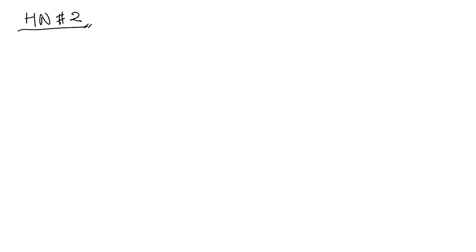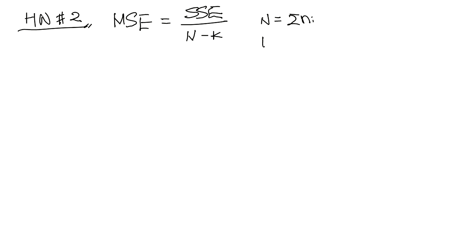In homework number 2, I asked you to take the MSE, which was the SSE over the degree of freedom, and the degree of freedom was big N minus K. The big N was the total number of cases, and K was the number of groups, and SSE, I gave you the 2 equations for SSE.